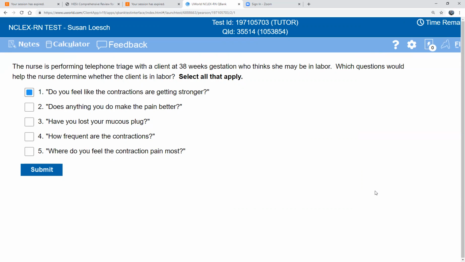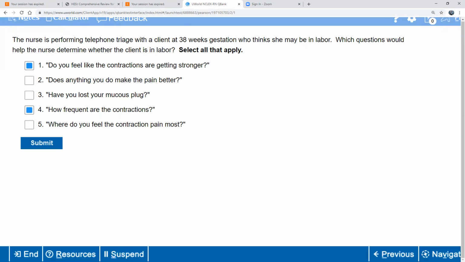Have you lost your mucus plug? How frequent are the contractions? Number 4. And where do you feel the contraction pain most?